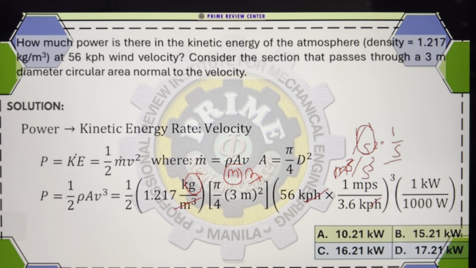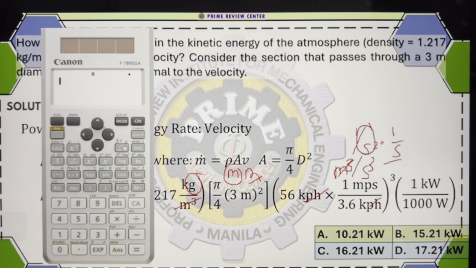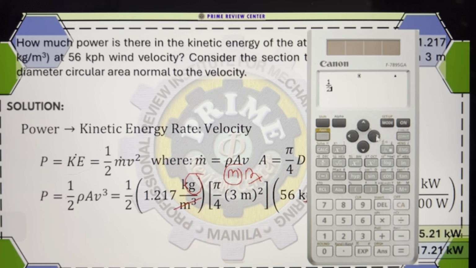From this, pwede na natin siyang pindutin sa calculator. Bali, lagay lang natin. So, that's 1/2 times density, 1.217 times pi/4 times 3 squared.